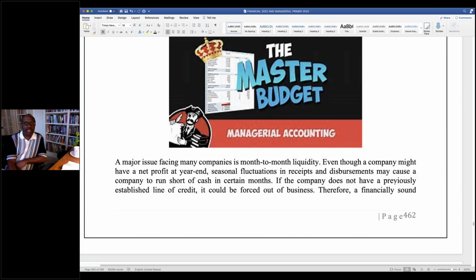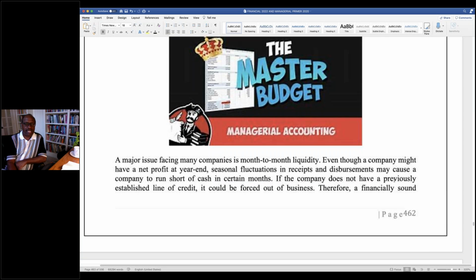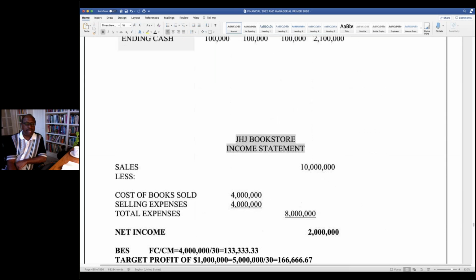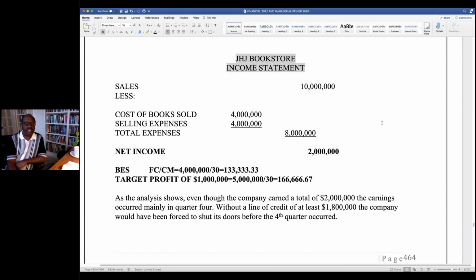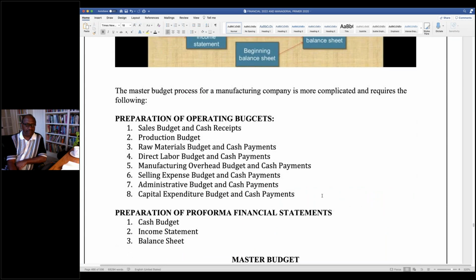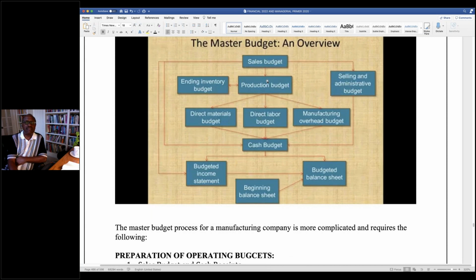So you'll be preparing a master budget for your project. And the starting point of that master budget is the calculation of your quantities. And you have to have a sales budget, production budget, selling administrative budget, direct labor, manufacturing overhead, a cash budget, then a budget income statement and balance sheet.